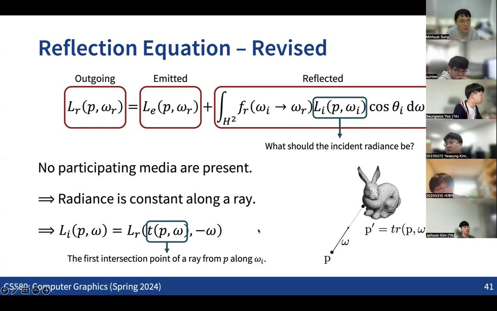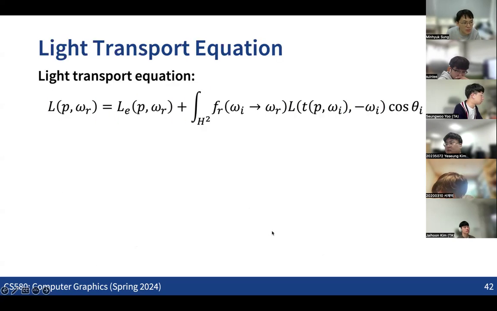Now we can replace the incoming radiance term here with the outgoing radiance in the scene. So that becomes this. When you calculate the outgoing radiance here, this is the rendering equation, while the incoming radiance term is the outgoing radiance from the first intersection point in the opposite direction.